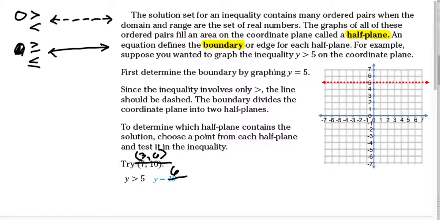Now we have 6 is greater than 5, which is true. So this point right here, 3 and 6, will make our inequality true.